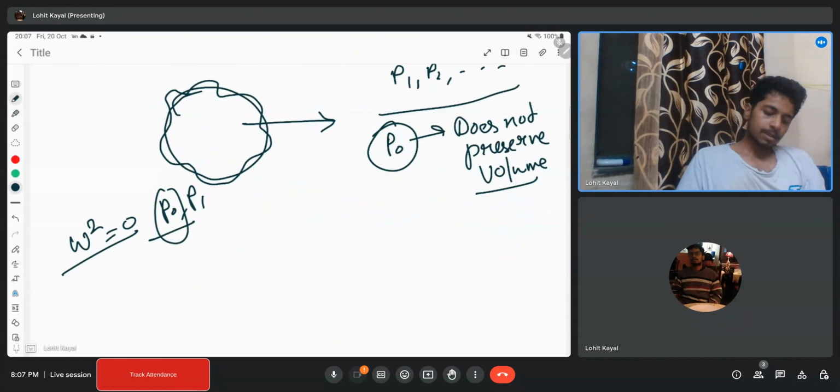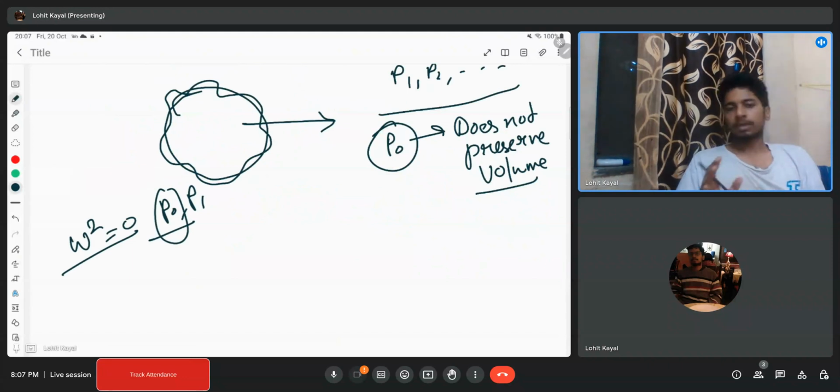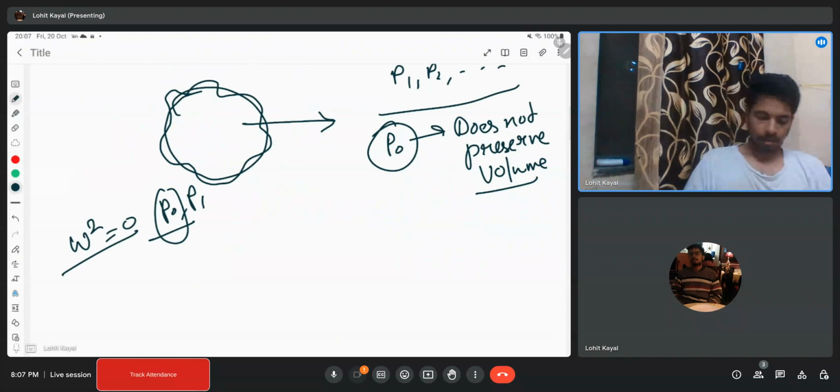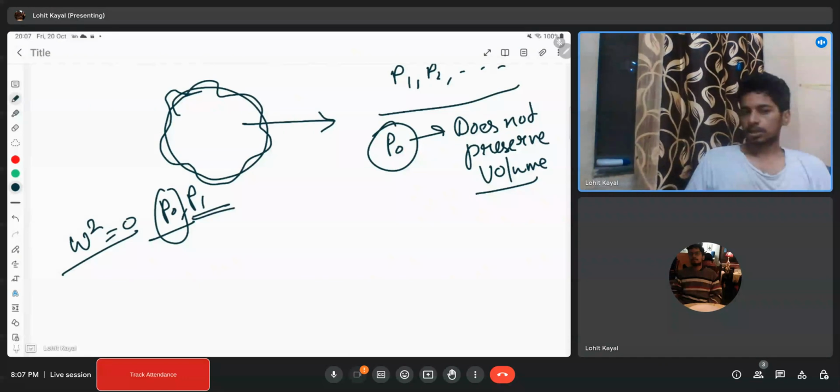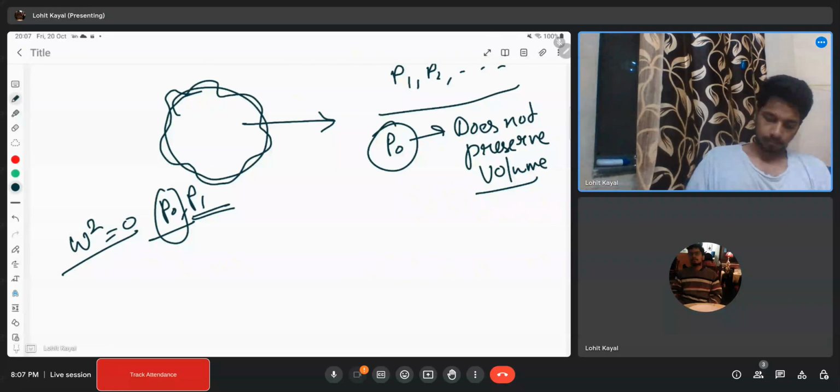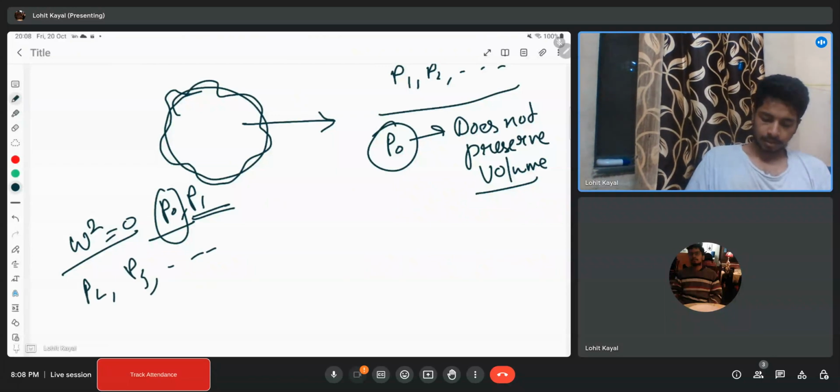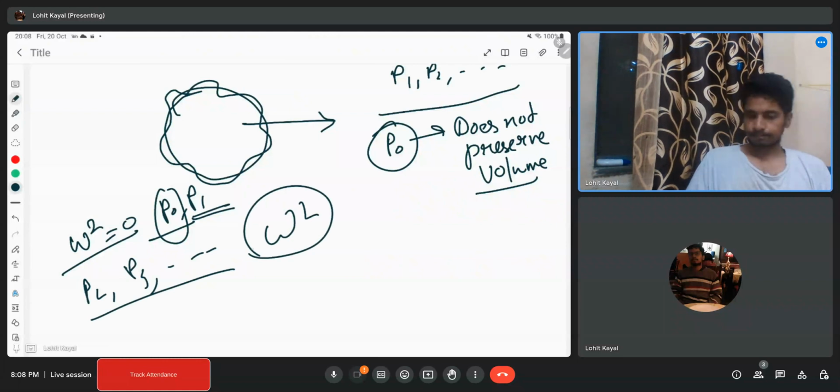P0 is just an increase or decrease in size without any oscillation, and P1 is just translation without any oscillation. Okay, but for P2, P3, etc. you will get an omega squared.